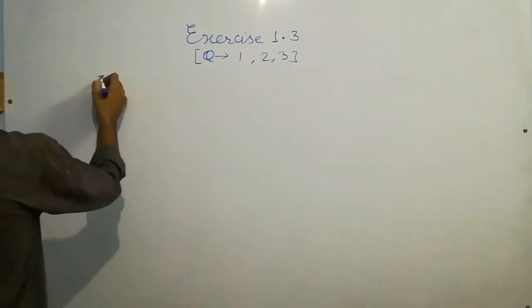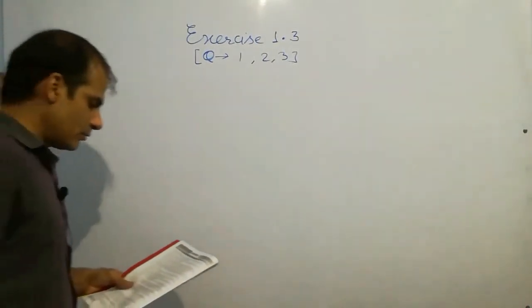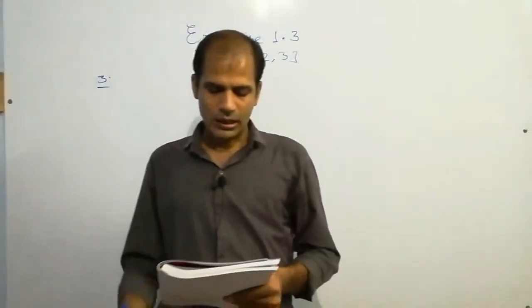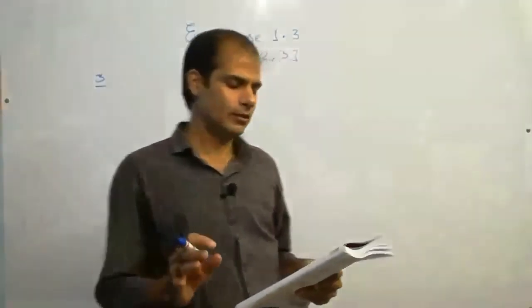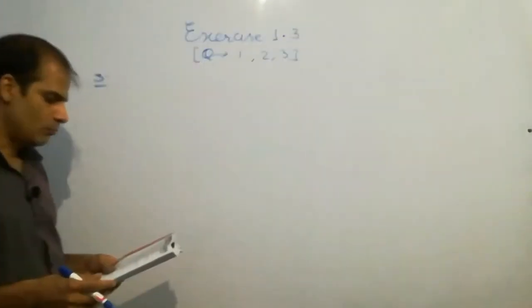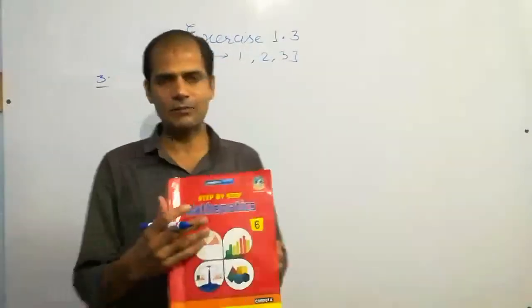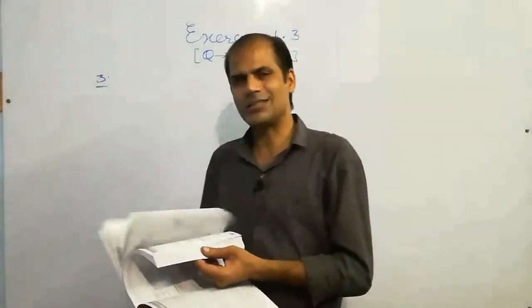Next is the third question. Third question is very different but it is quite interesting. The number of sheets of paper available for making notebooks is 75,000. It's a very big amount. As you can see, this is your textbook. Some pages are used here.